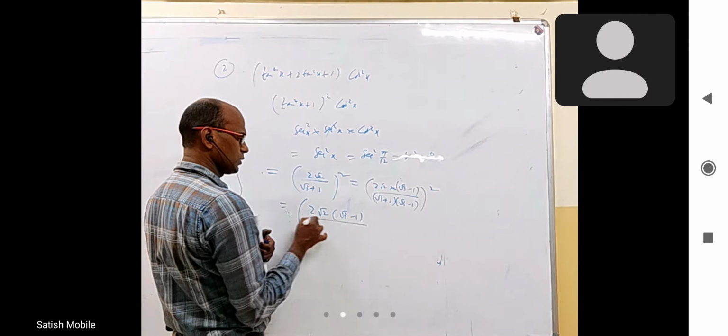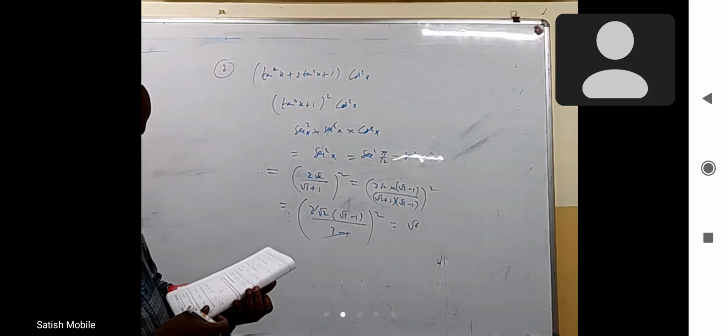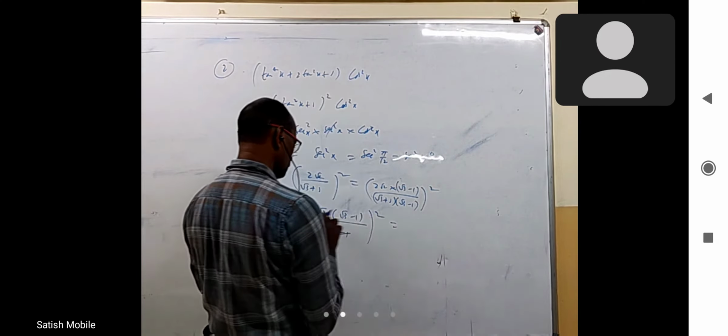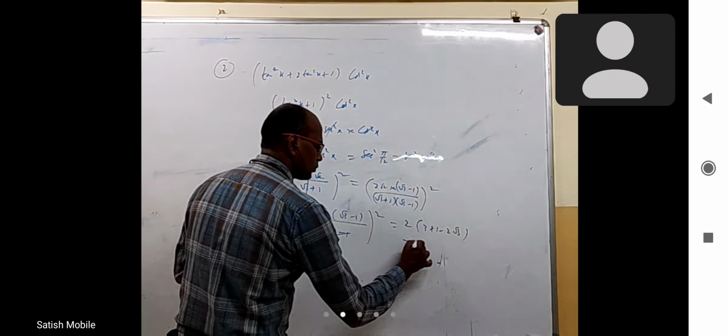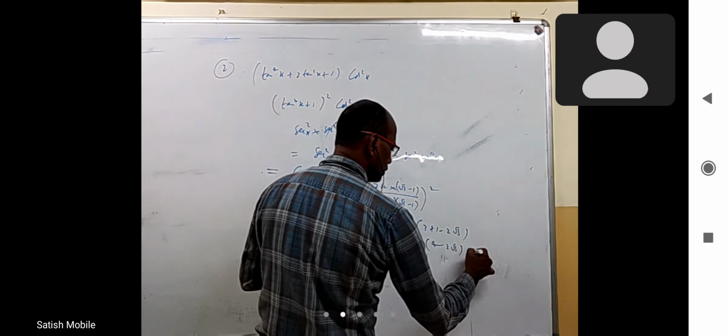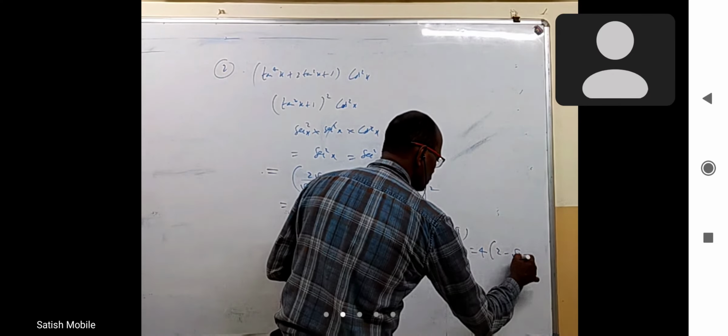This is basically root 6 minus root 2 whole square. So, which will be 8 minus something. Okay, let it be. Root 2 whole square is 2. Root 3 minus 1 whole square is 3 plus 1 minus 2 root 3, which is 2 into 4 minus 2 root 3. If I take 2 common, 4 into 2 minus root 3.